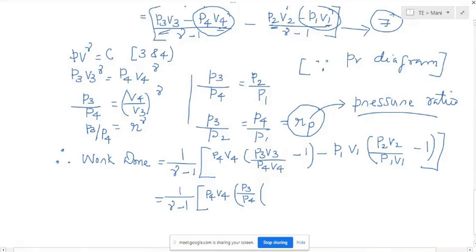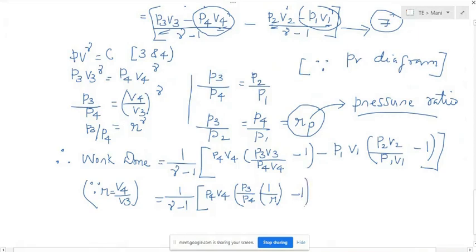V4 divided by V3 is nothing but the expansion ratio, with the symbol here. Actually here it is V3 by V4, so we can say 1 divided by the expansion ratio.